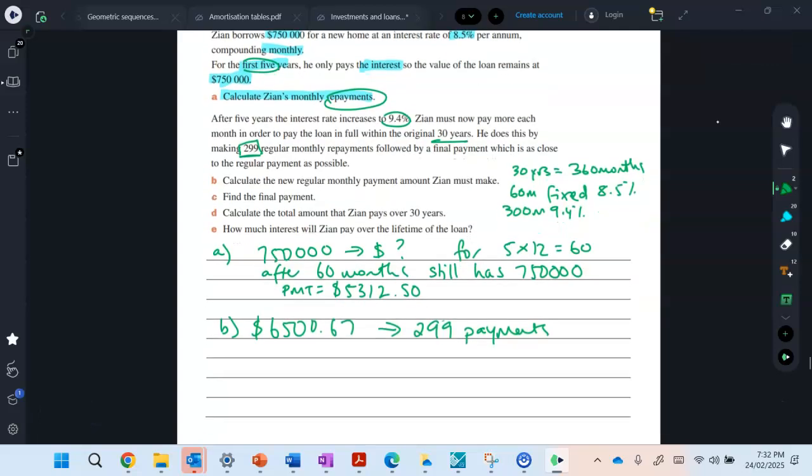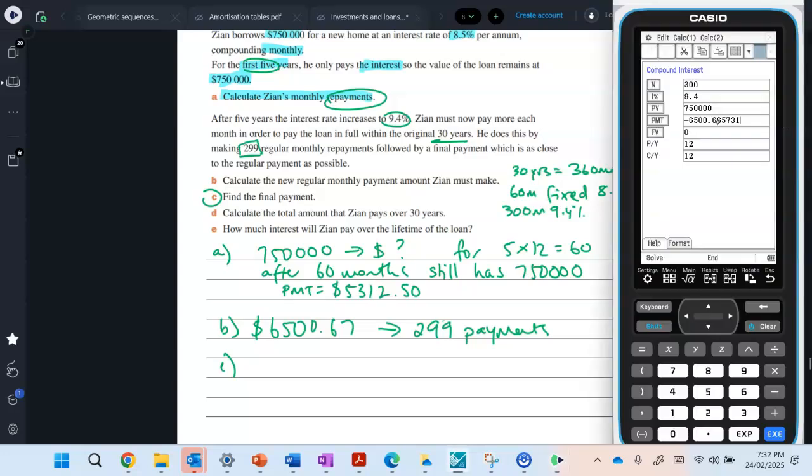All right, the final payment is always going to be slightly different, and let me show you why. Now, if we made these payments of just 6,500.67, and we got our future value to 0, notice how my N is not quite at 300. It's just below. It's very, very close. So that must mean my final payment is going to be just slightly different. But I can't leave it, because this is over a long period of time.